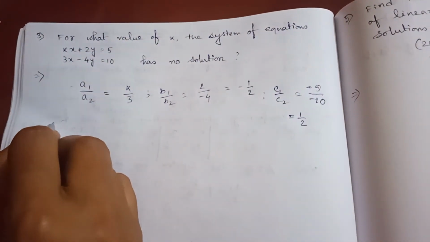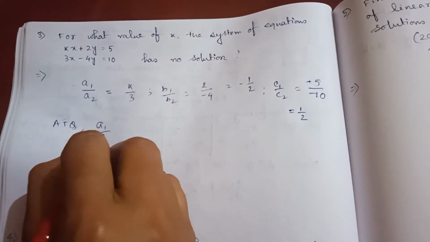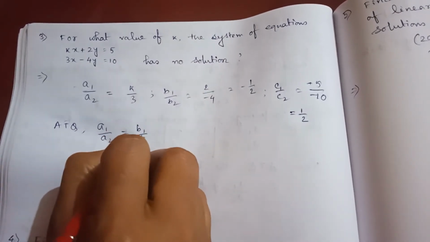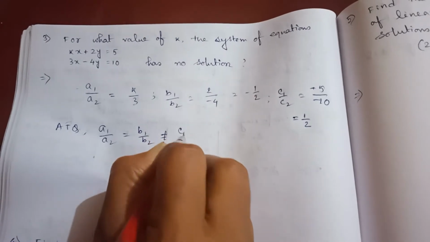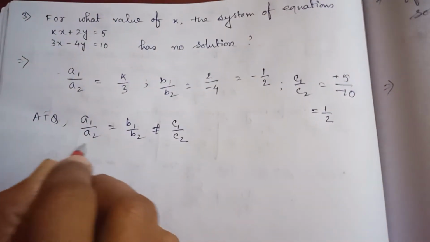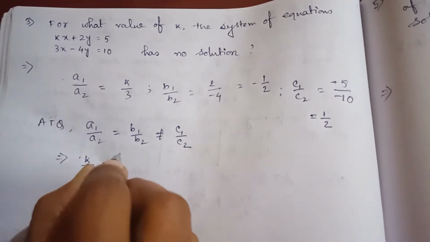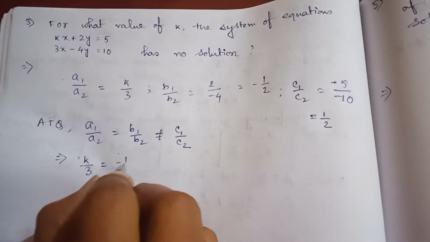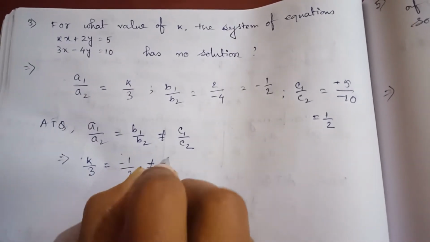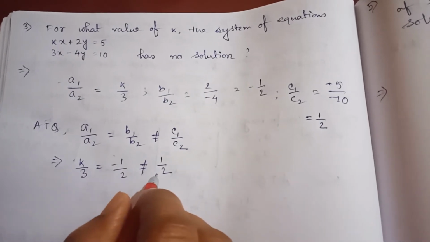Now according to the condition of no solution, that means A1 by A2 equals B1 by B2 not equal to C1 by C2. This is the condition. So we will be writing that A1 by A2, meaning k by 3, is equal to B1 by B2, meaning minus half, not equal to half. Obviously minus half is not equal to half.